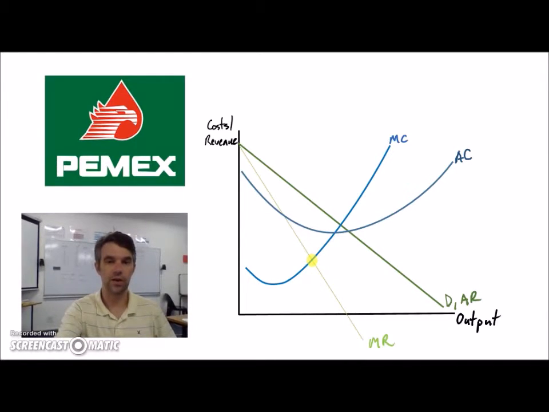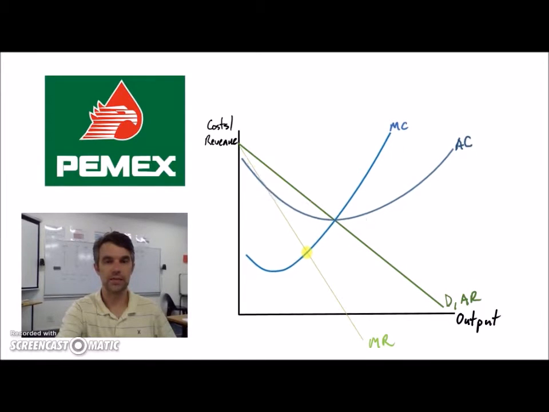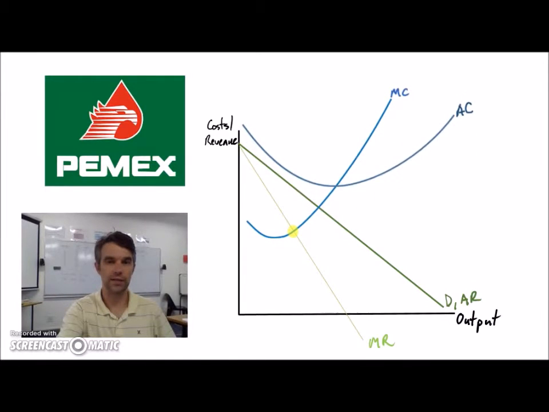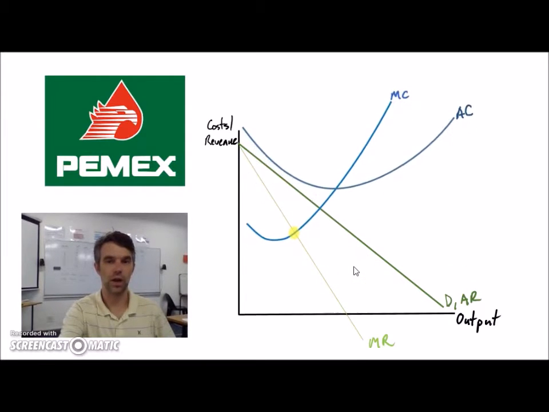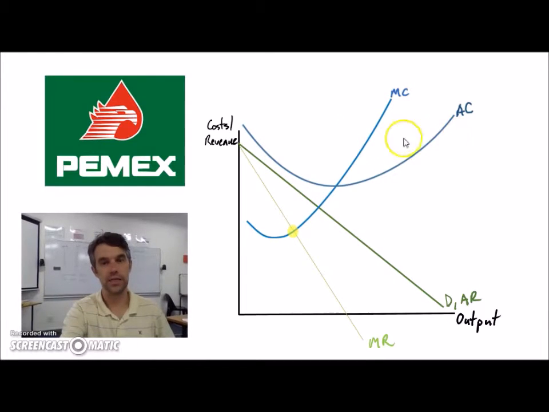Well, if that occurs, what we're going to see is that as those costs rise, the intersection of MR and MC, which is shown here in yellow, is going to move along with that. That is, the MC curve slides up the marginal revenue curve, and we have an intersection here instead of some other place. So this is going to be our new quantity of profit maximization, and we see that that moved to the left.